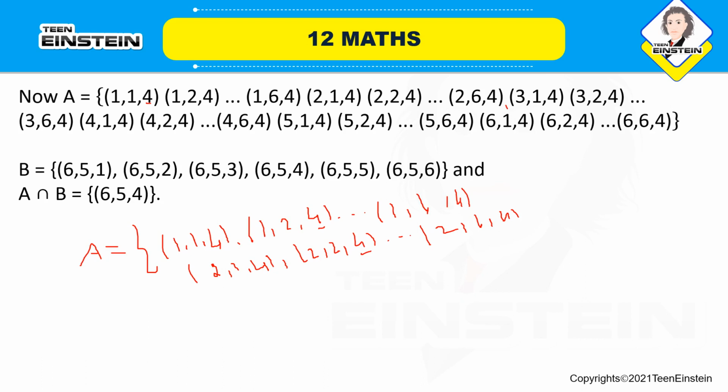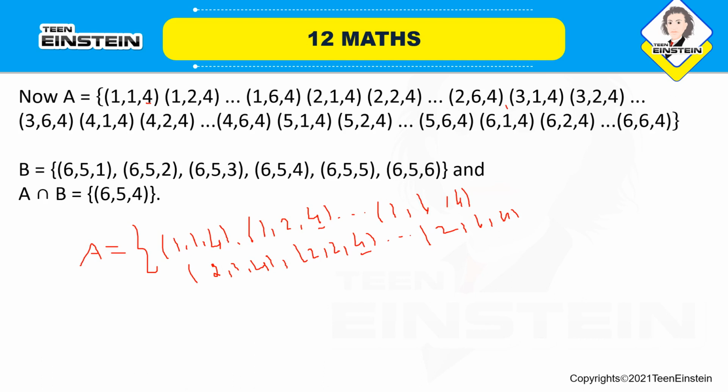When you write this combination, you are fixing the first place as 1, and you are varying the second place.